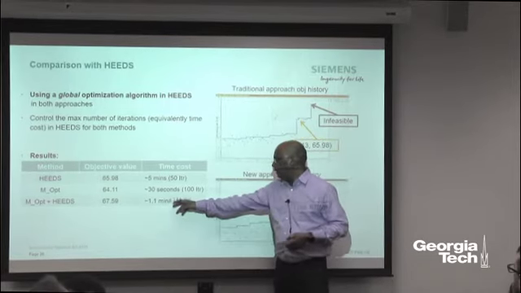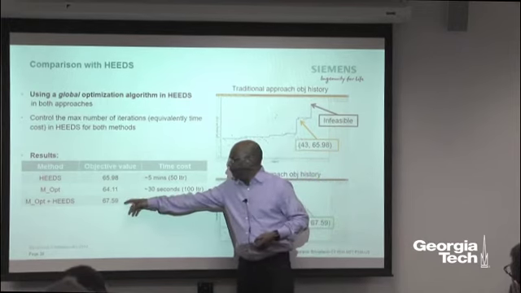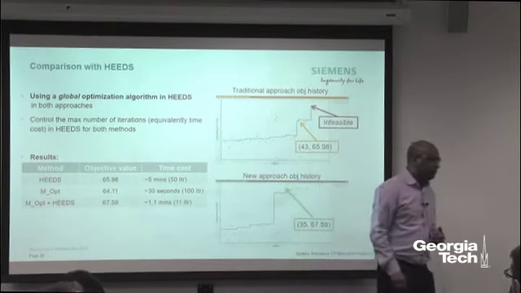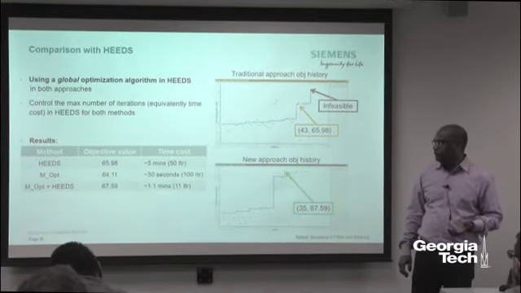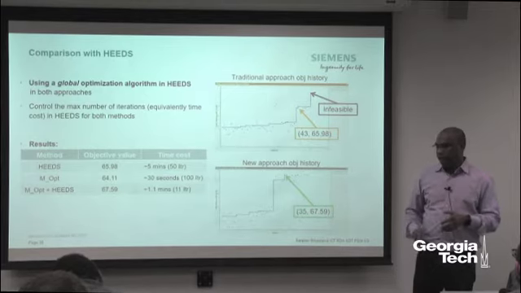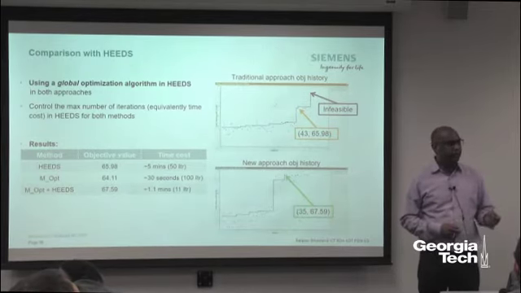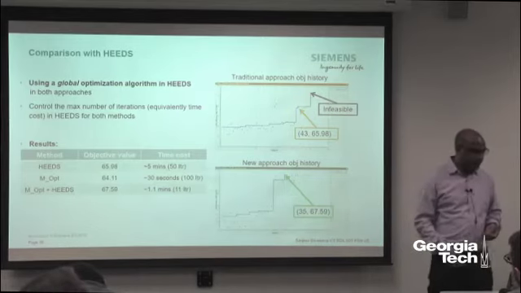And within 1.1 minutes, within 11 iterations, we were able to achieve a much better solution than what Heat got on its own. So that's one of the powers of using this machine learning based optimization: they may not give you an optimal solution, but they can give you very good insight into what the initial design point should be to start your optimization with.